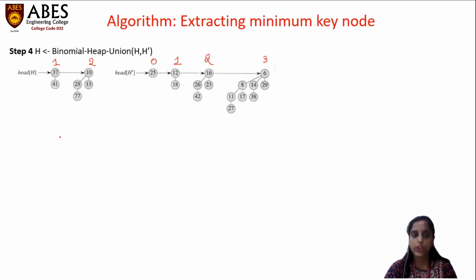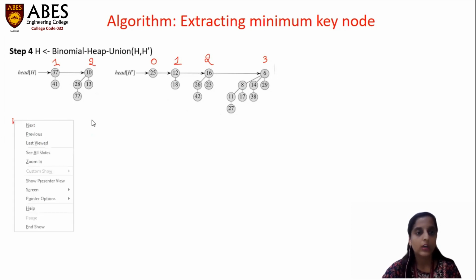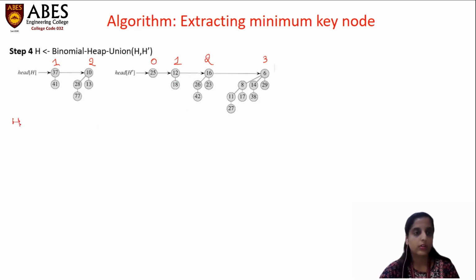First of all, we have to merge these two binomial heaps. First of all, we have to check whether there is any binomial tree of the order 0. Yes, we have one binomial tree. So we'll set it here, 25.